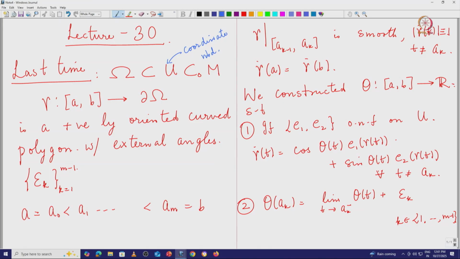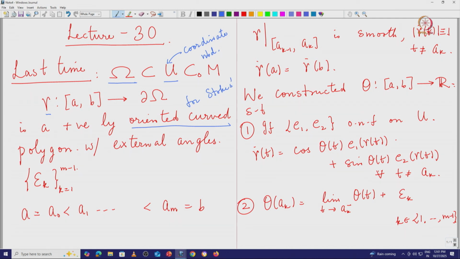So the setup was as follows. We are working on a polygonal region which I denote by omega. We are assuming that these are small polygons so that they are completely contained inside a coordinate neighborhood U on M. The boundary is parametrized by this curve gamma, and this is a positively oriented curve in the sense of Stokes's theorem.